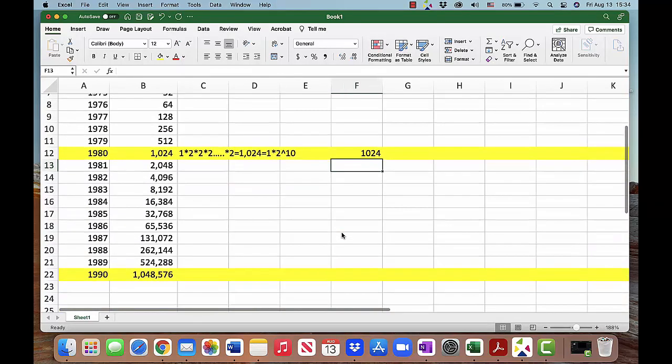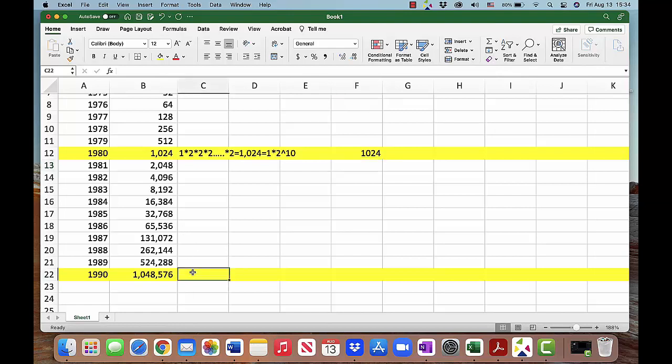Going down, instead of doing all these calculations times 2 times 2 times 2, that pattern of multiplying it by 2 continues. So here, we're going to be starting with 1 and multiplying by 2, 20 times.